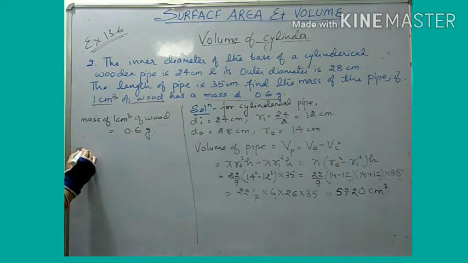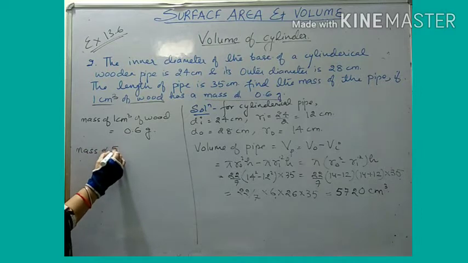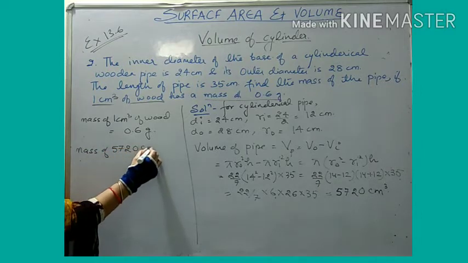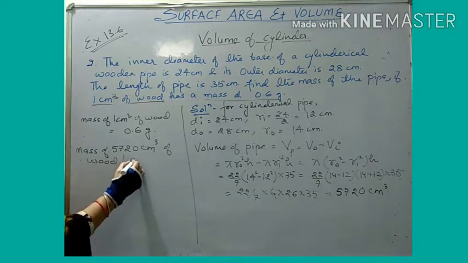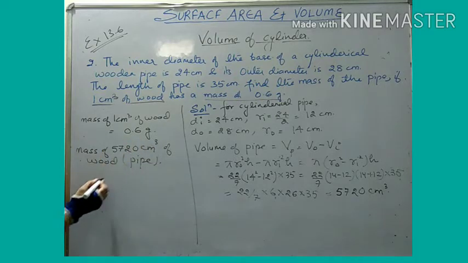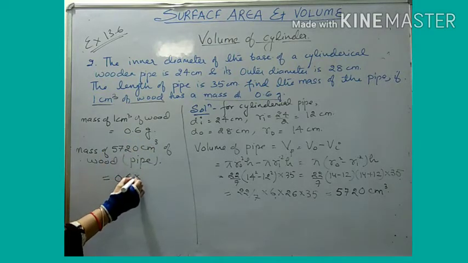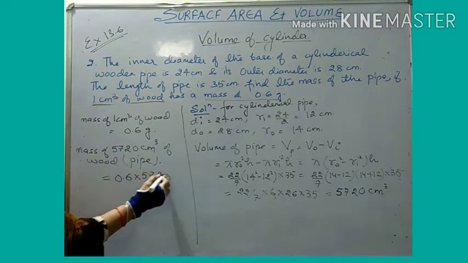So what will be the mass of 5720 cubic centimeter of wood with which the pipe is made? ये पाइप का वॉल्यूम है ना, so it will be 0.6 into 5720.